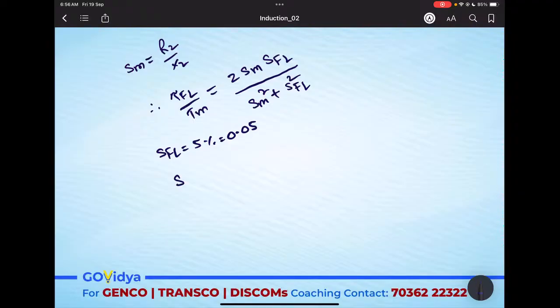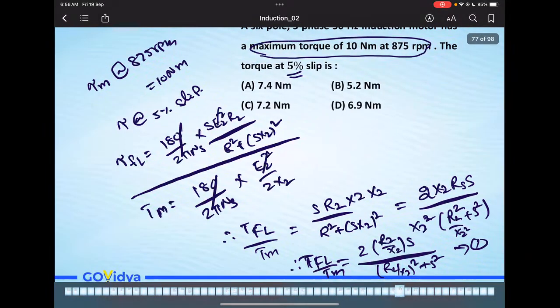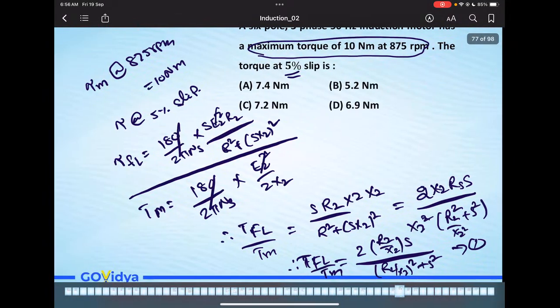We need to calculate the slip. They already gave the NR at maximum torque. Therefore, first we need to find out the synchronous speed. Poles they given as 6 poles, 50 Hz.